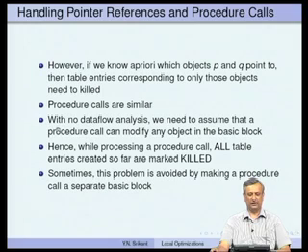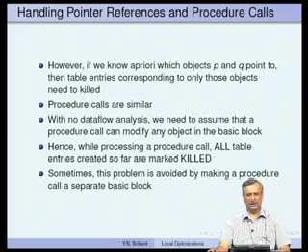So, what happens in procedures? With no data flow analysis, that is, analysis of the program, we need to assume that a procedure call can modify any object in the basic block. If the procedure is called, it has side effects. It can assign to global variables, and it can assign to parameters which have been passed by reference.